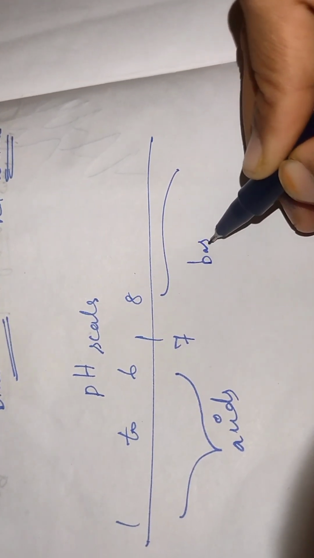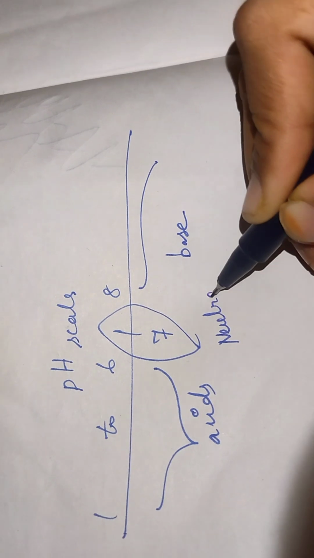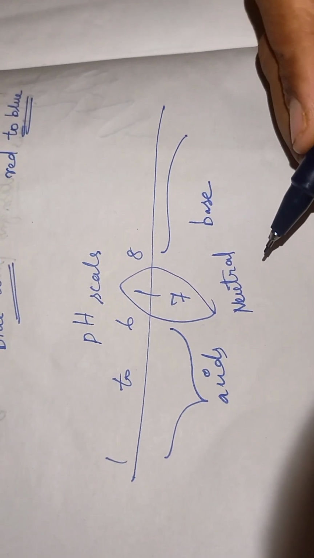Above 7, it is known as a base. And 7 means it is a neutral substance. So pH 1 to 6 is acid, 7 is neutral, and above 7 is base.